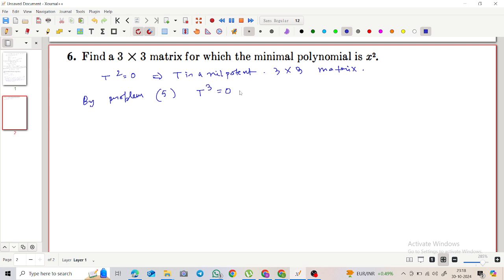Okay, so we will have to find a matrix whose minimal polynomial is this. So T is nilpotent, right? And we have seen that a nilpotent matrix is of this form.